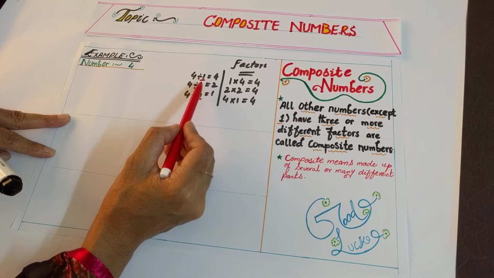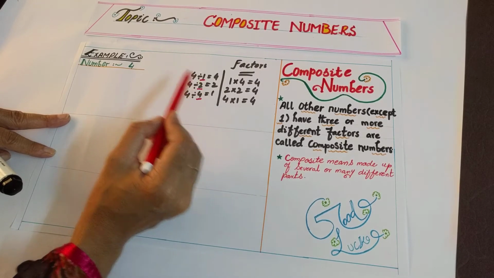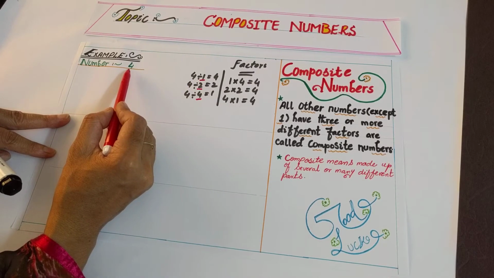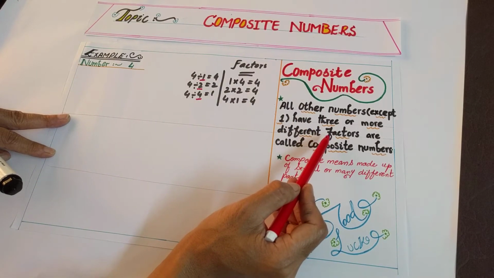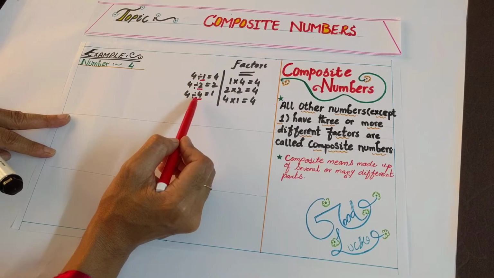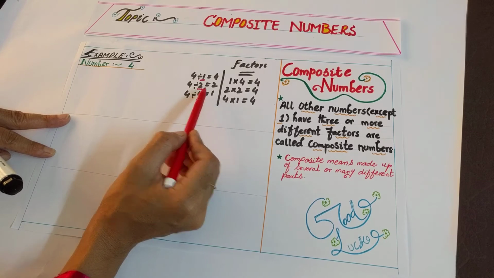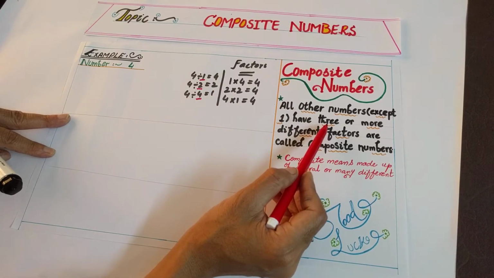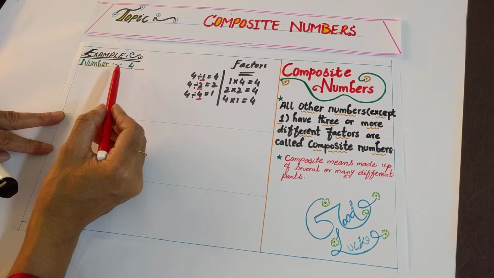It means 1, 2 and 4 are the 3 factors of 4. It means 4 is a composite number: 3 or more than 3 different factors. There is a condition, different. These factors should be different. So 1, 2 and 4 all are different from each other, and there are 3 factors. That's why 4 is a composite number.